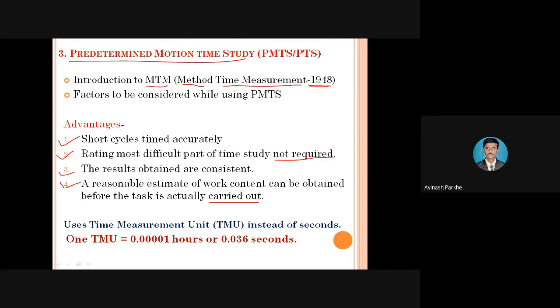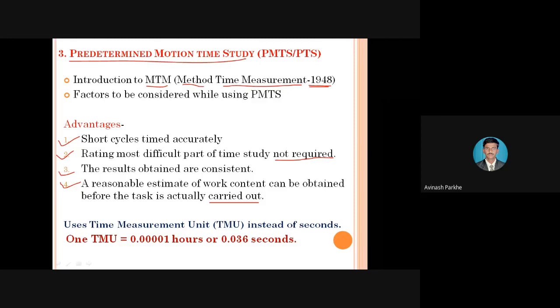The role of the operator is only to complete the job, to work on that machine. Whatever time I am deciding in advance will be given by that supervisor or industrial engineer only, who has vast knowledge about that task, job, or machine.